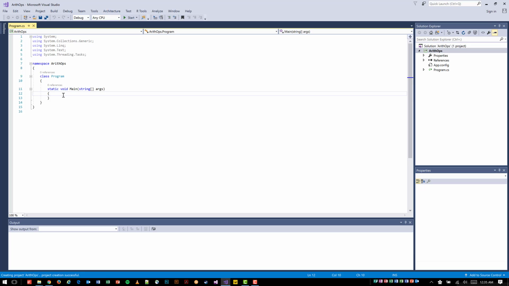I will do a quick demo here using some integers. I will have an int a equaling 10, int b equaling 3, int c equaling 42.